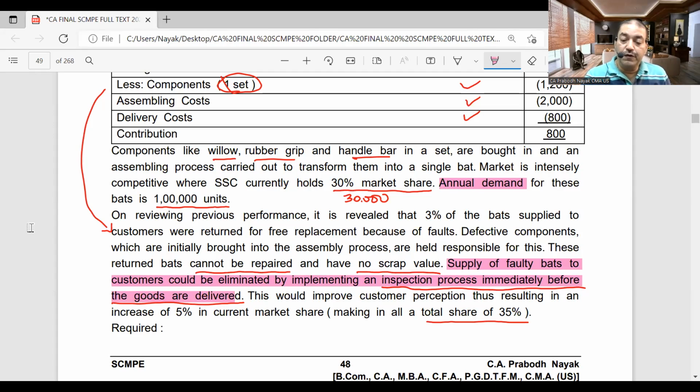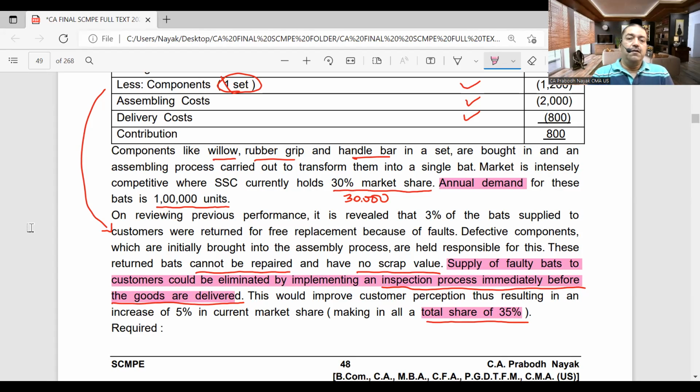And if that happens, the market share would be 35%. Let us look at this one. What will happen if I implement this one? By implementing an inspection process before the goods are delivered?